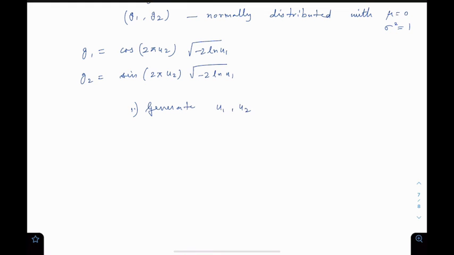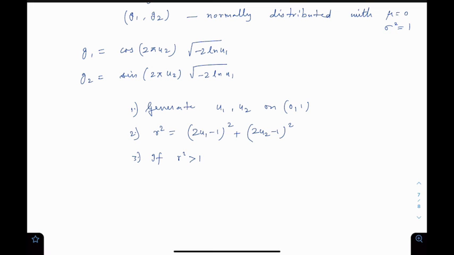Then we calculate r square equals (2u1 minus 1) square plus (2u2 minus 1) square. If r square is greater than 1, then we reject u1 and u2 and go back to step 1.